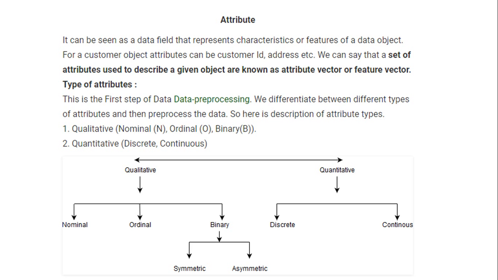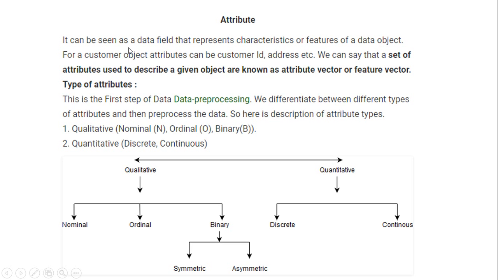I hope you watched some of my tutorials where I was explaining processes and data mining. So as you can see, what is an attribute? It can be seen as a data field that represents characteristics or features of a data object.